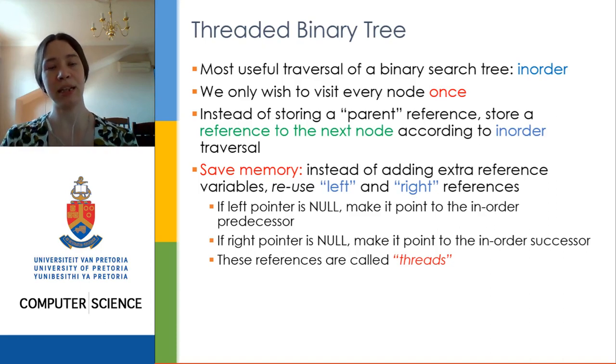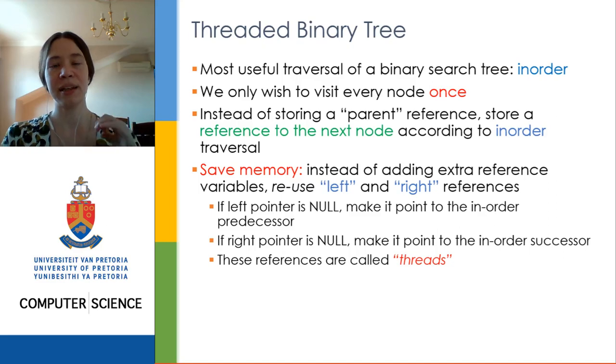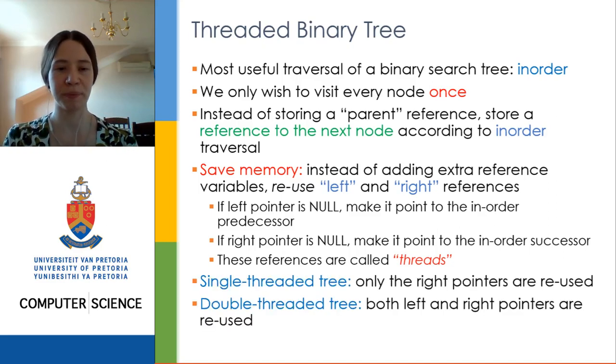Similarly, if you find a node whose right pointer is null, that can be a leaf node or just a non-terminal node which only has a left child, that right pointer, instead of just pointing to null, can be made to store a reference to the next value, the successor of this particular node in the in-order ordering of the tree. And these references we are going to refer to as the threads of the tree.